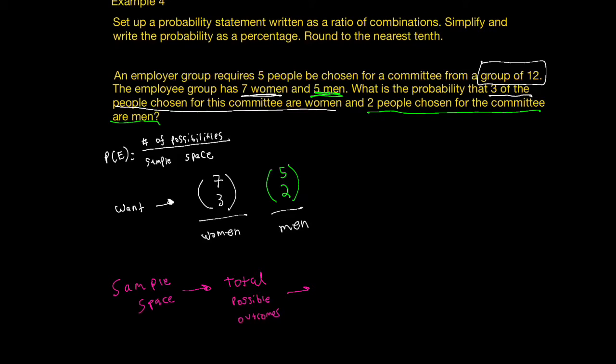So out of a group of 12 people, we're going to choose 5 people to be on a committee. We want 5 people to be chosen for a committee from a group of 12. So we get 12 choose 5 as the sample space. And you can notice right here that these 3 plus these 2 give us the 5 here.